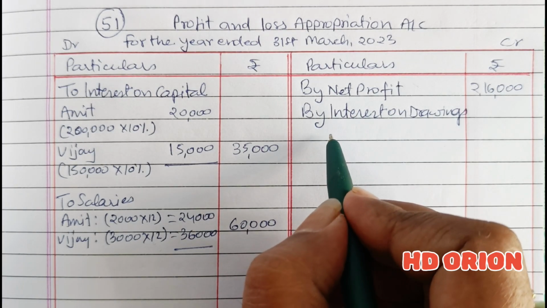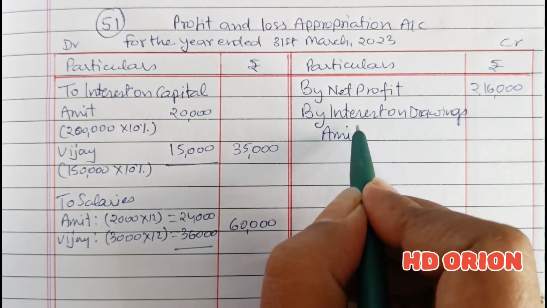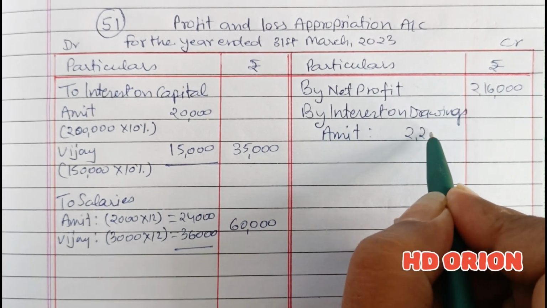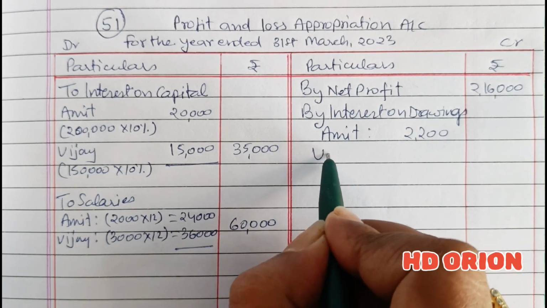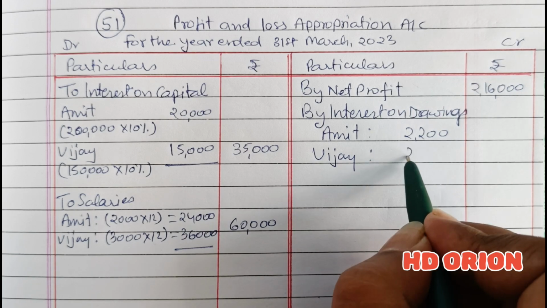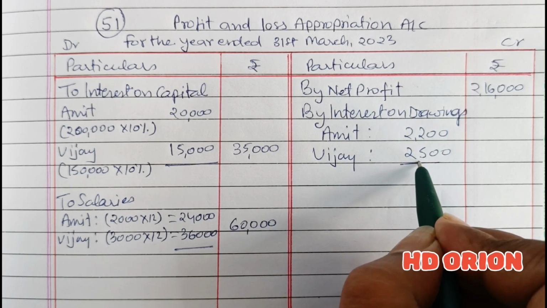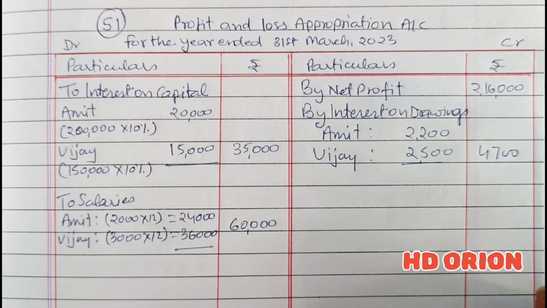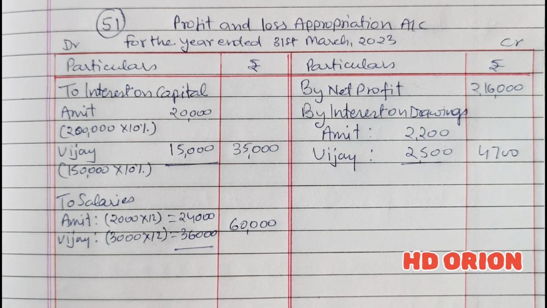Fine, interest on drawings from partner Amit is rupees 2,200. It is given in the question. And Vijay, it is 2,500. So 4,700.